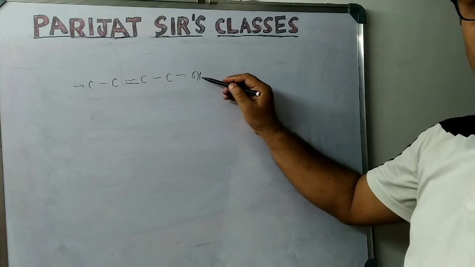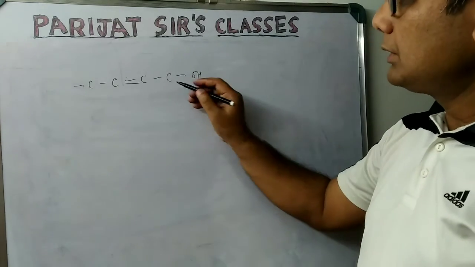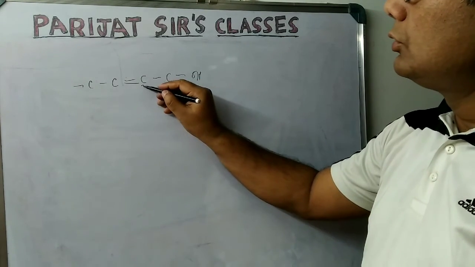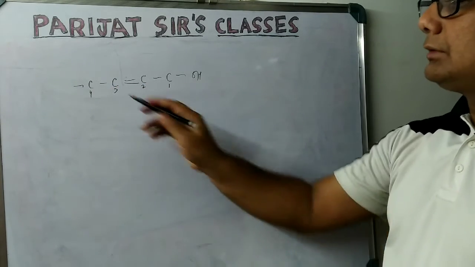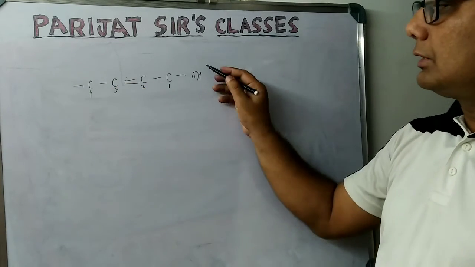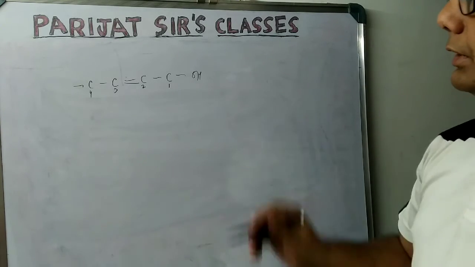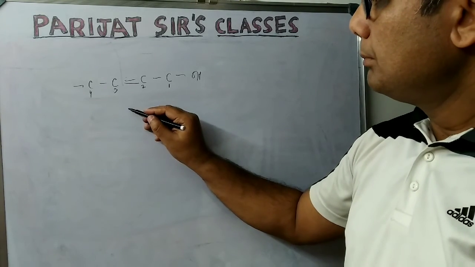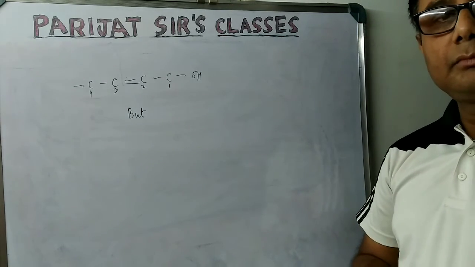So the functional group is here. We will give preference to the functional group. It should have the lowest position. So I will start from here, 1, 2, 3, 4. So what will be the name of this? These are 4 carbon atoms with a functional group attached here, and there is a double bond in the second position. So the name will be but, because there are 4 carbon atoms.